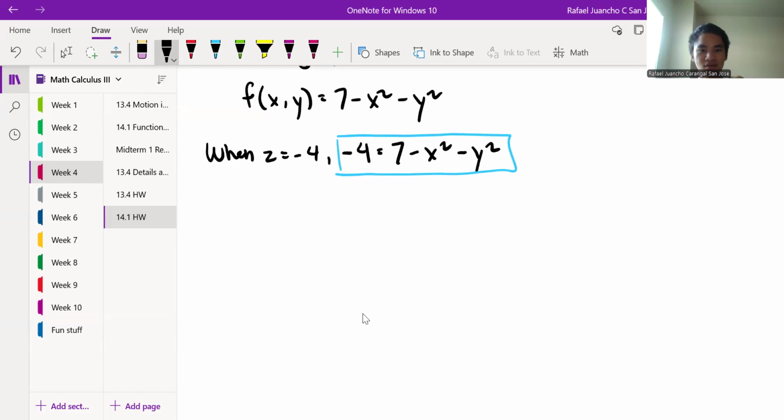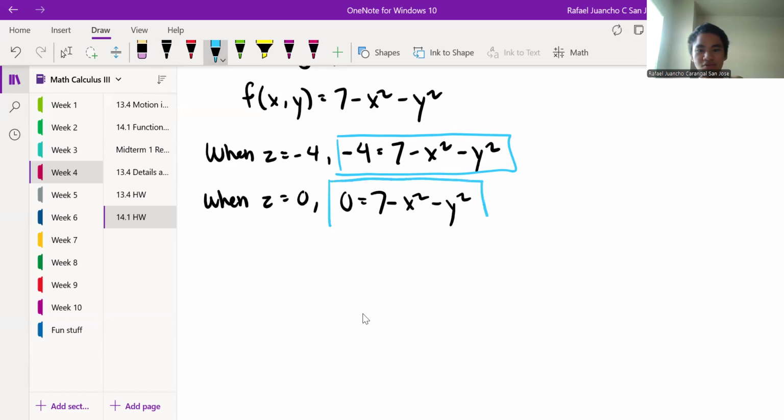Yeah. Okay. And then here we're also being asked when z is 0. So here we just plug in 0 instead. That's simple. Okay, let me just copy and paste that. And so I just replace this with a 0. Then when z is 4, so again, I copy and paste.